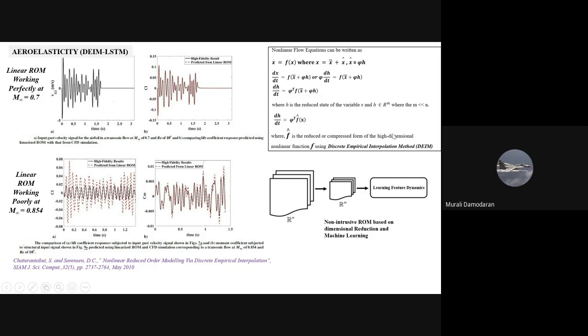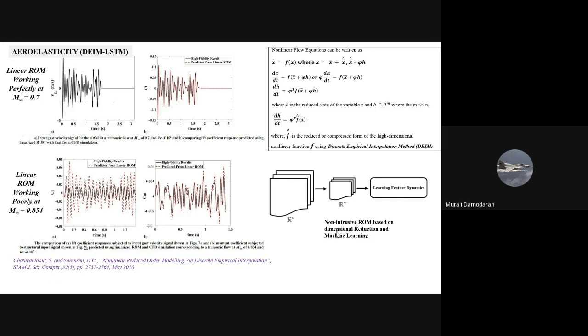The details of this you can read in the paper by Chaturantabut and Sorensen, which came out in 2010, and the first application was in a flight dynamics problem. To do this non-intrusive ROM, note that there is intrusive ROM and non-intrusive ROM. Intrusive means when you do the ROM, you have to go into the code and make a lot of changes.